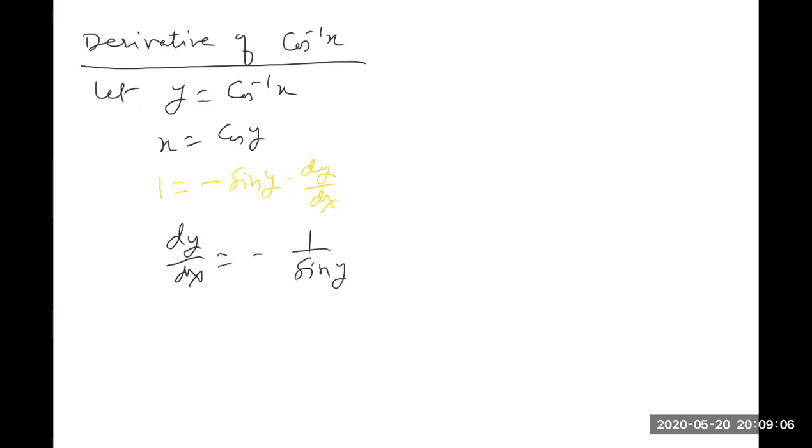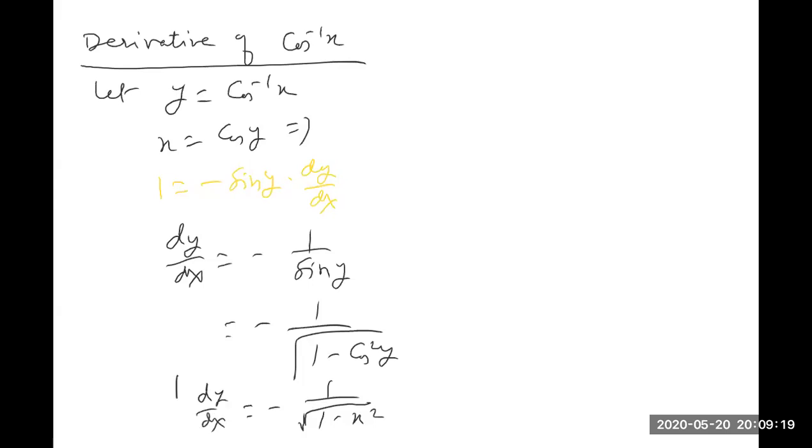Now x is equal to cos y, so this is minus 1 upon under root of 1 minus cos square y. So this is equal to minus 1 upon under root of 1 minus x square. So the derivative of cos inverse x is minus 1 upon under root of 1 minus x square.